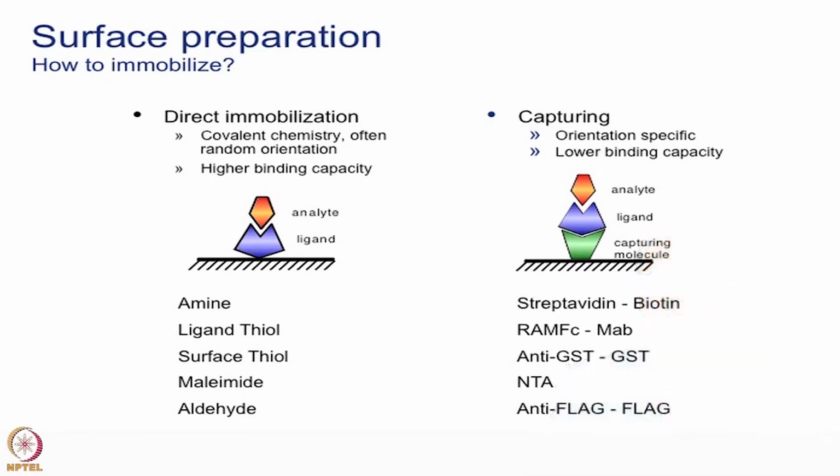The other way of doing it would be a capture. There are different sensors or surfaces available, and we will go into each one of them in a little detail to understand what they are, what their major utility is, and how we design an assay based on these chips.